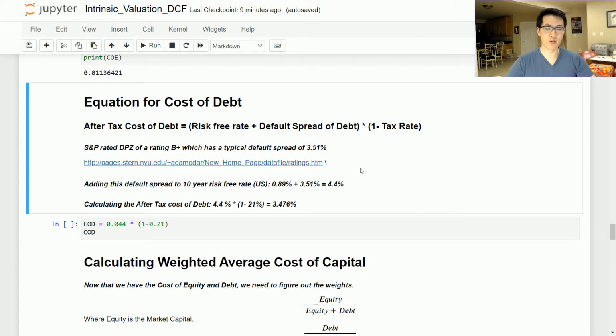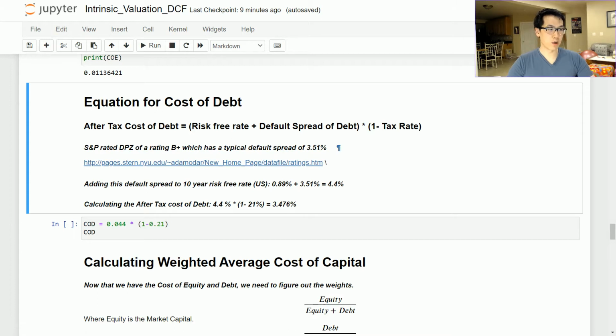I was cross-referencing this with NYU's default ratings on how to impose a probability of default on the company going under, and they gave it like a 3.51%. Note that this might be different from whatever other metrics you may be utilizing. Some people have different probabilities of a company defaulting, but I just wanted to standardize everything.